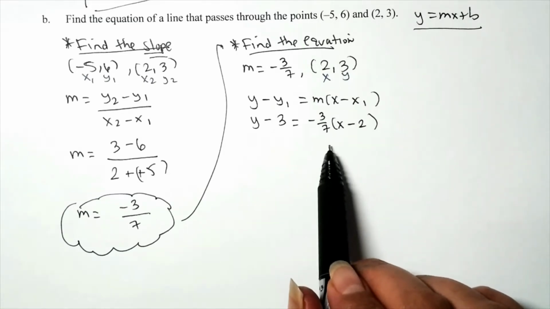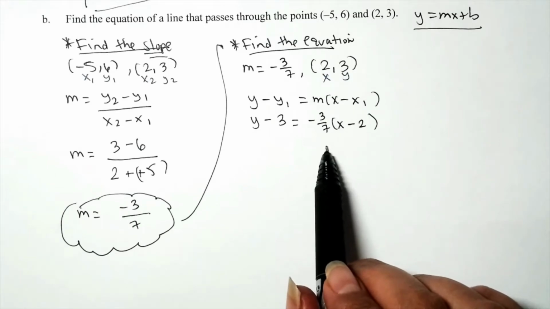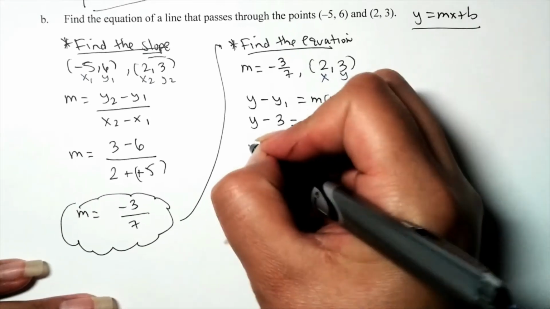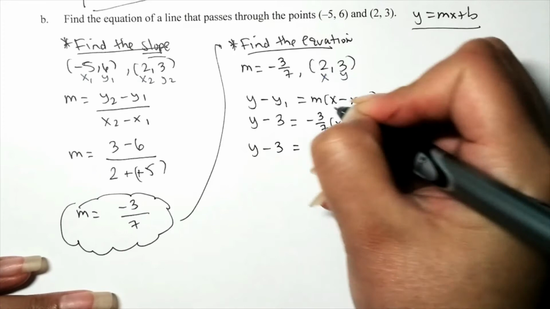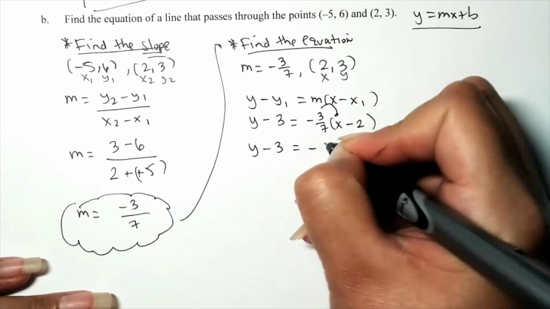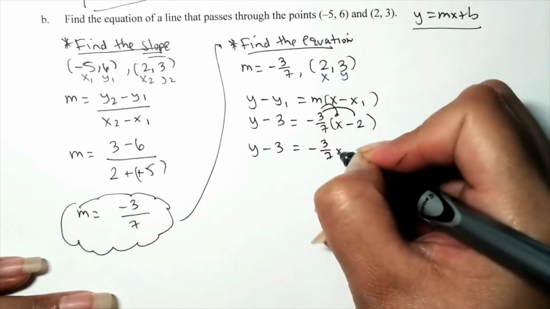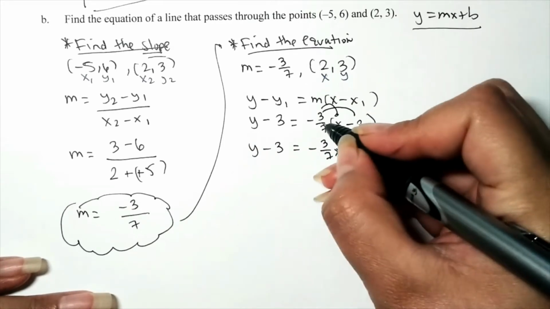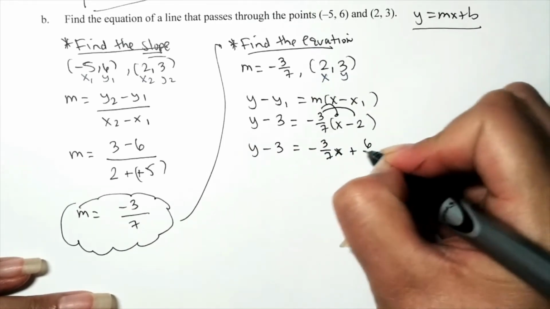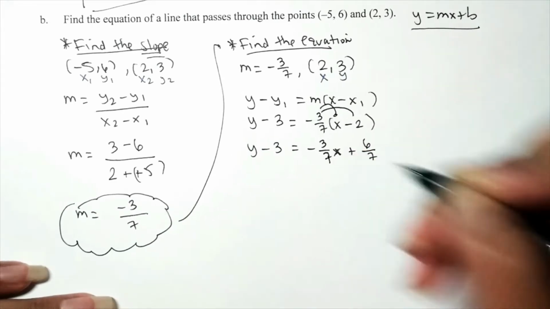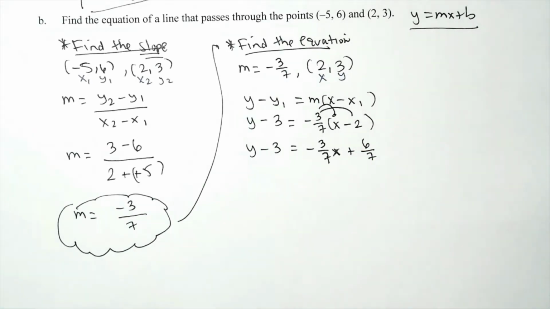It's really a personal choice. I'm gonna face my fears, so I'm gonna keep the fraction. So we have y minus 3 equals -3/7 times x minus 2. Negative number times negative number is a positive number, and 3/7 times 2, I'm gonna cheat, I think it gives us 6/7. Fantastic. I didn't cheat, I used my calculator.